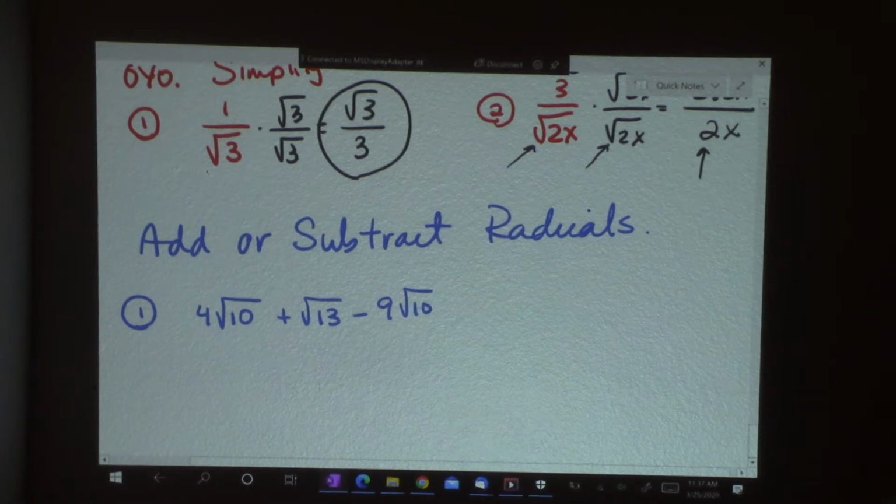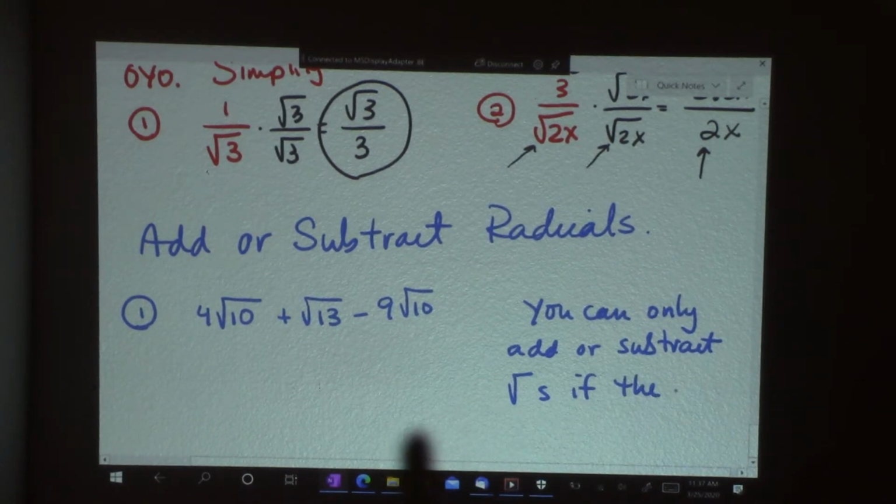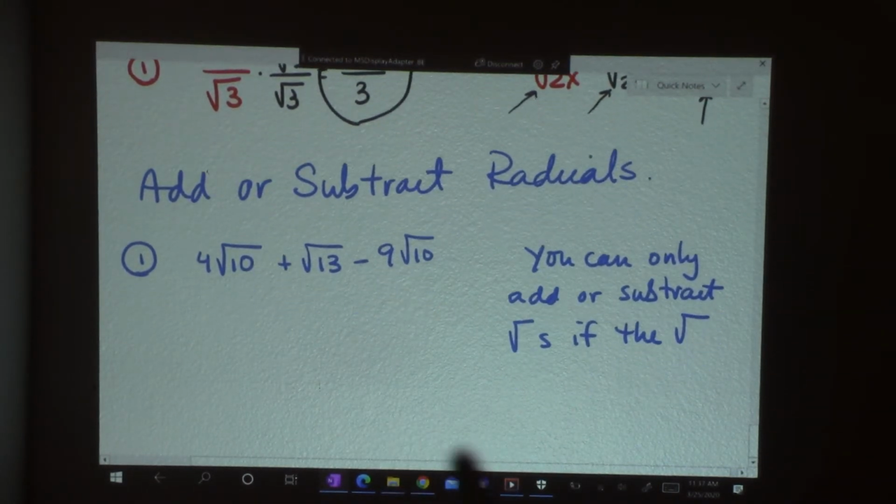So radicals work very similarly to variables. You can only add or subtract radicals if the radical is the same.